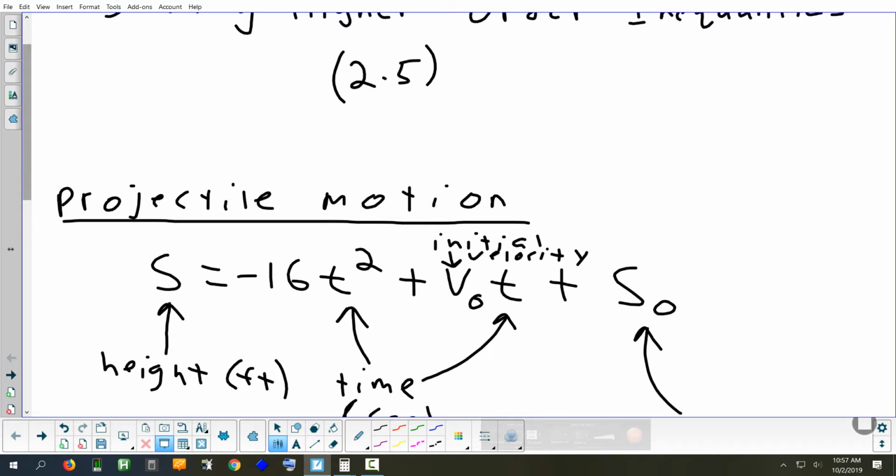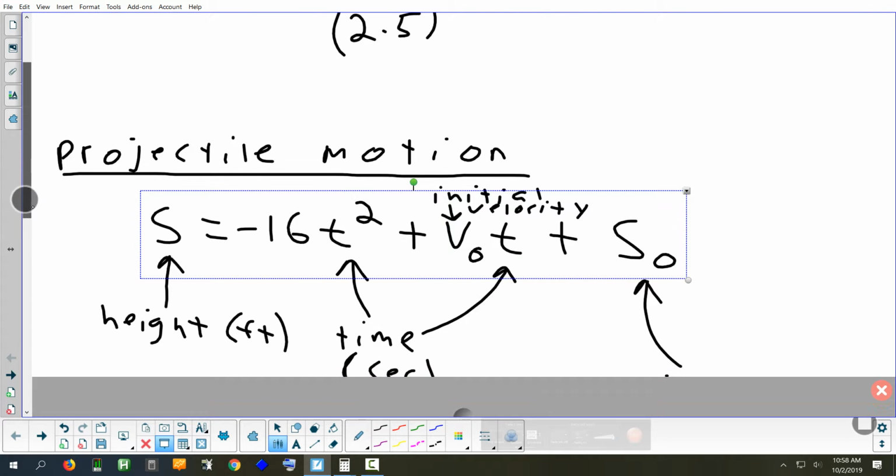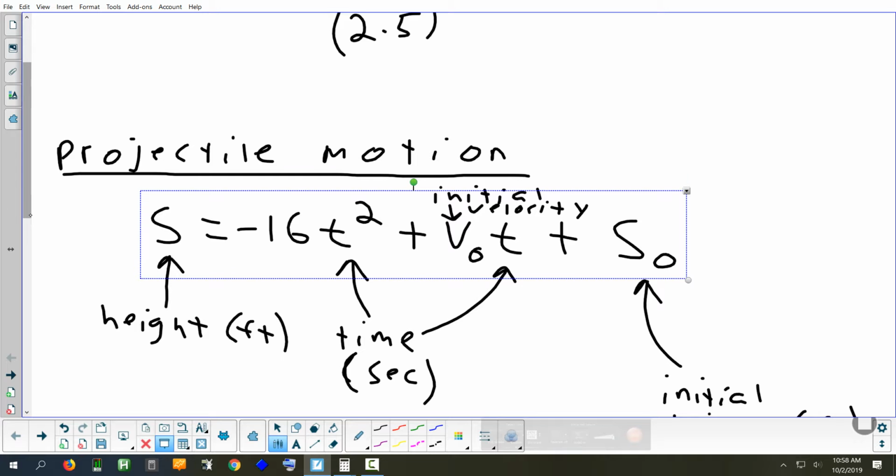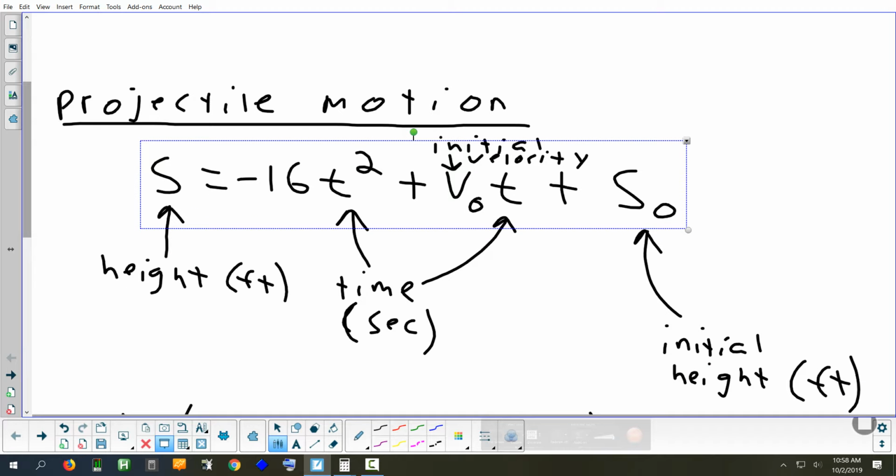So t is time. V sub 0 is your initial velocity, so it's basically when you throw your object, how fast you're throwing it. S sub 0, can't see it, but that is your initial height.